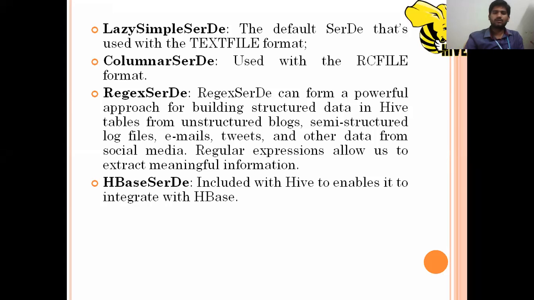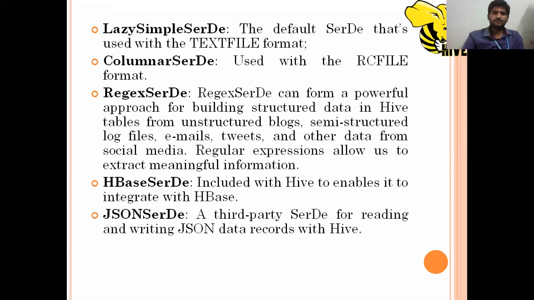Then there is the JSON serializer deserializer, a third party serializer deserializer for reading and writing JSON data records with Hive. So we select another third party tool which is used to read and write the data.